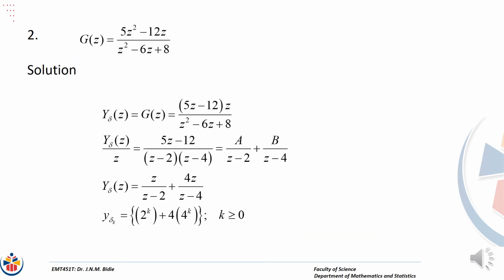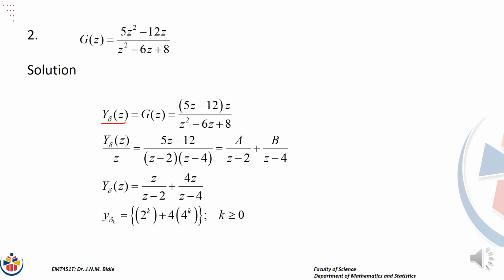Number 2, we have G(z) again is 5z squared minus 12z divided by z squared minus 6z plus 8. First things first, change the notation. Recognize that G(z) is equal to Y delta(z).